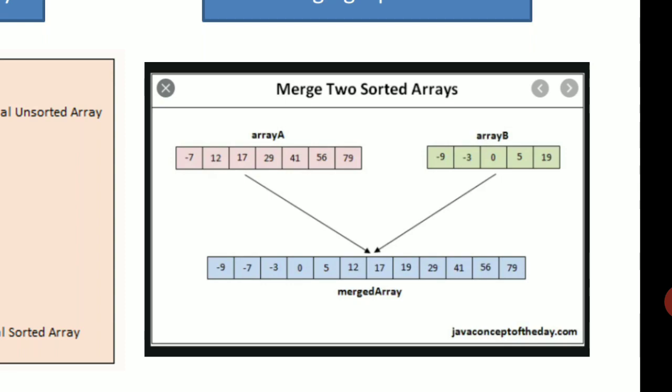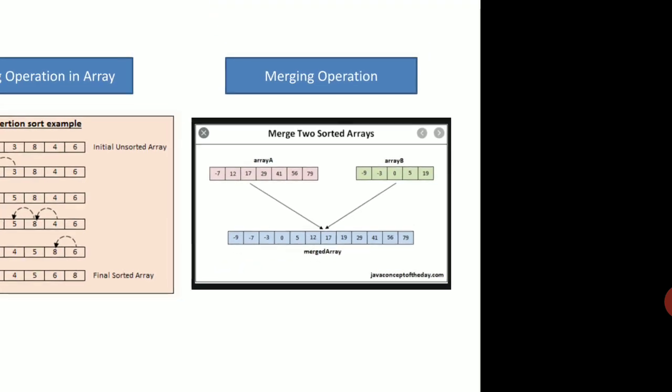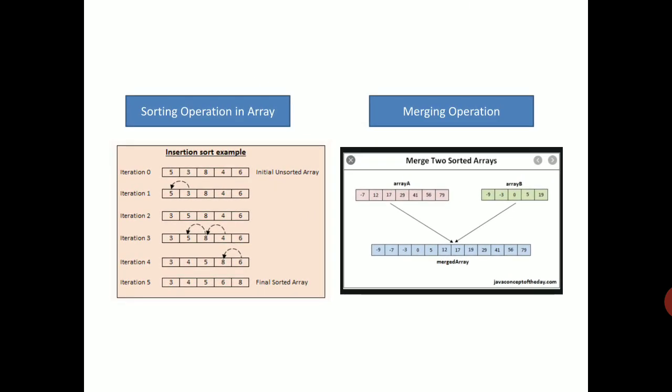Now these two arrays are combined and we are going to show the values. See here, -9, -7. -9 belongs to array B, -7 belongs to array A. So combining array A and array B into one array, named the merged array, is the merging operation.